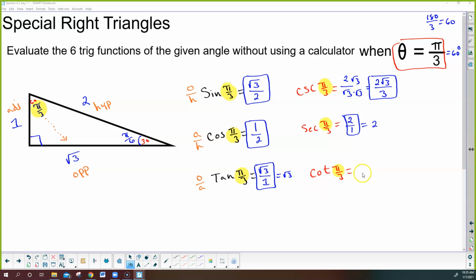Okay, and then the last one is flipping tangent upside down. But what I would do is change that to square root 3 over 3 on the bottom. And you don't need the 1 out front, so we could just call that square root 3 over 3.